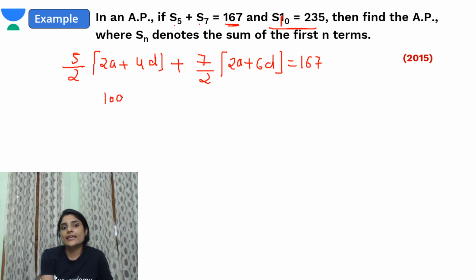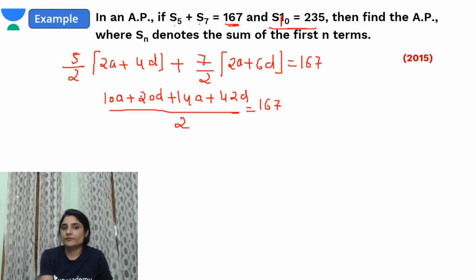You will be getting 10A plus 20D plus 14A plus 42D divided by 2 is equal to 167. That means 24A, that means 12A plus 62 divided by 2, 31D is equal to 167.